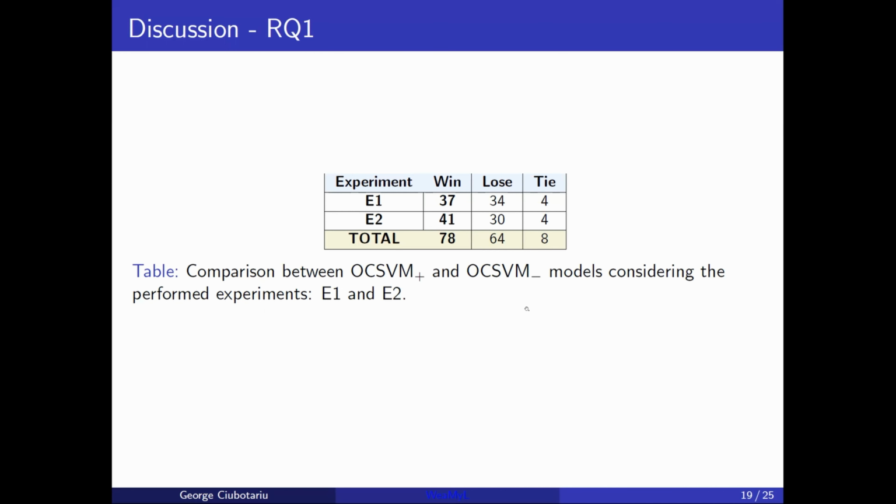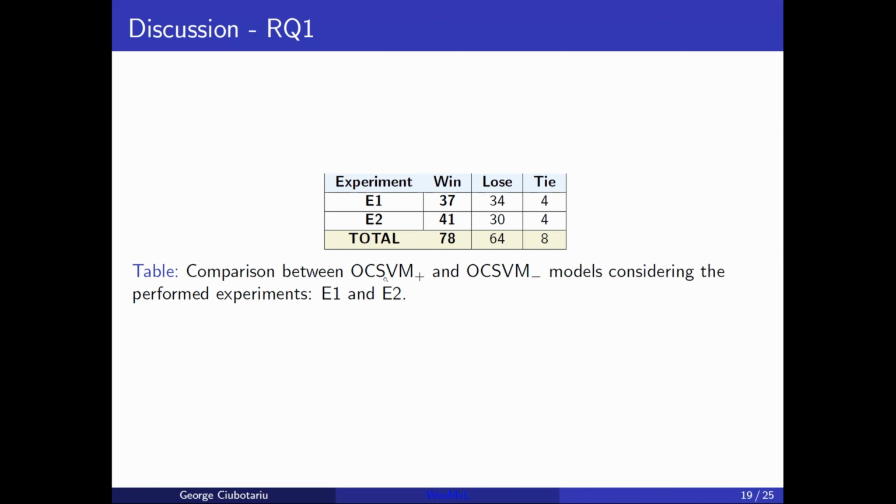And we can see that the one class SVM plus performs a little bit better on the first experiment, but the second experiment is where the margin is a little bit wider, and we can rely more on one class SVM plus compared to the one class SVM minus.